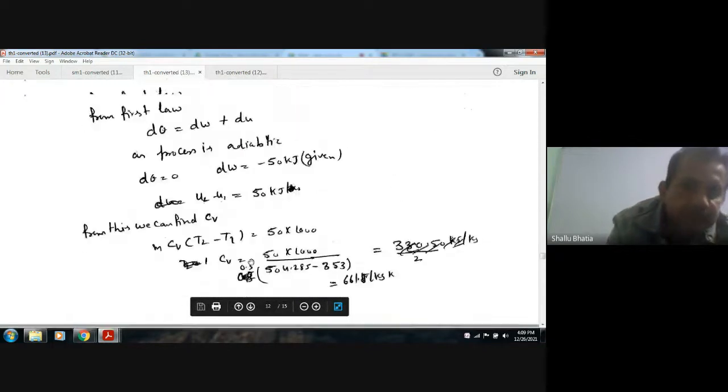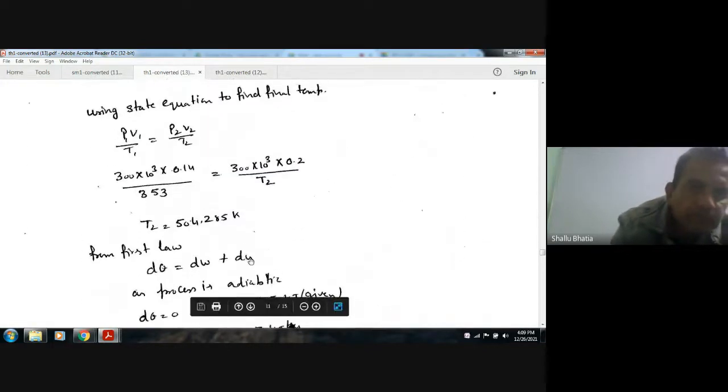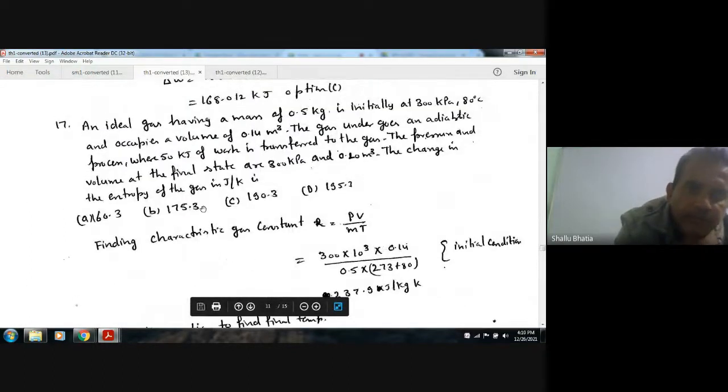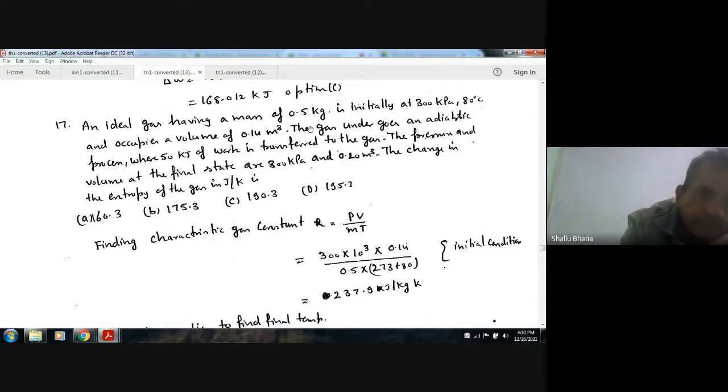Let us do it again. Now we have an ideal gas whose mass is 0.5 kg, pressure is 300 kPa, and temperature is 80 degrees Celsius. Pressure, temperature, volume and mass are given, so we can calculate R. Now the final conditions are 300 kPa and 0.2.